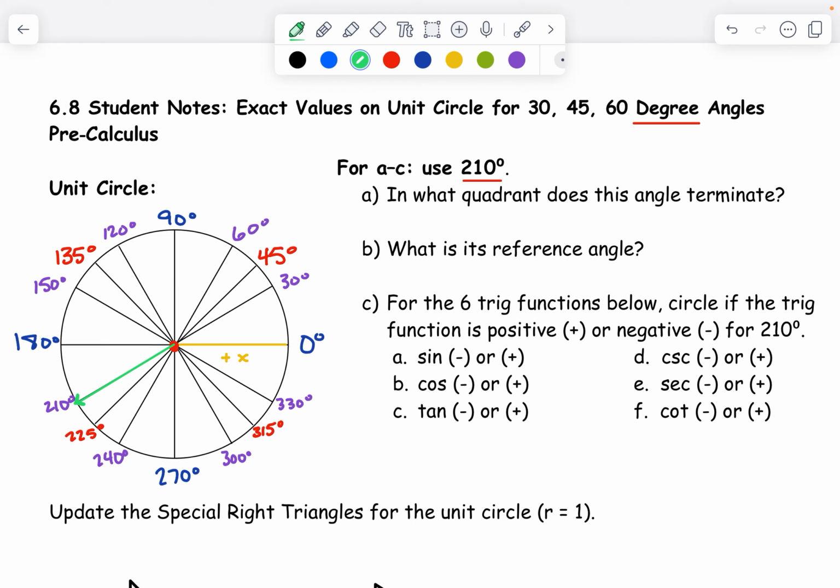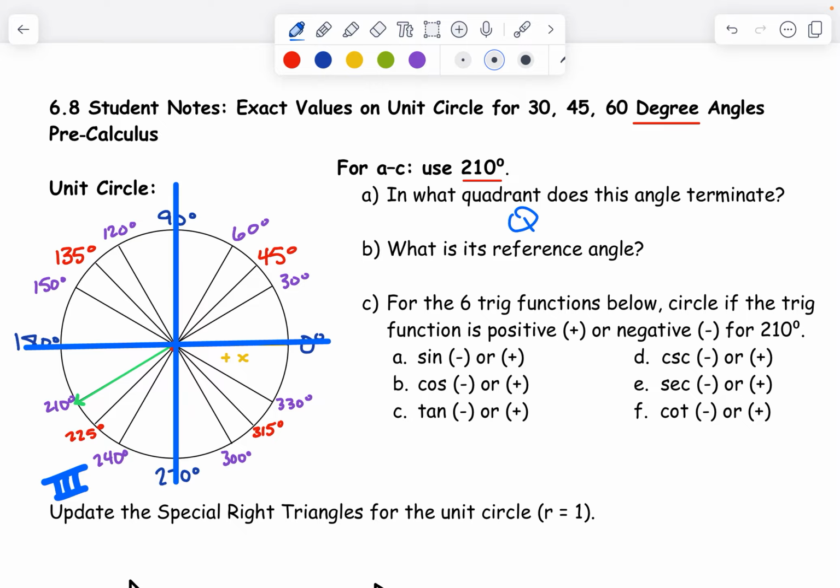Now the first question says what quadrant does this angle terminate in? And so we can see using our quadrants that this is in quadrant 3. Now, it says, what is the reference angle? Remember, reference is the fastest path to the x-axis.